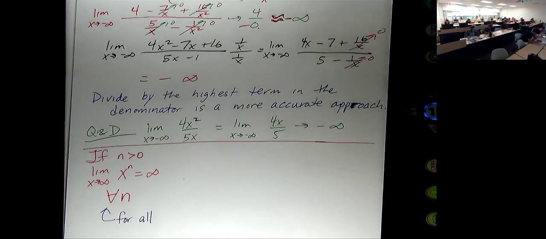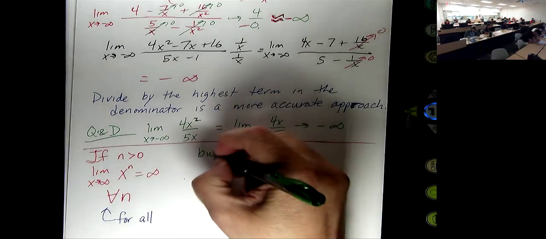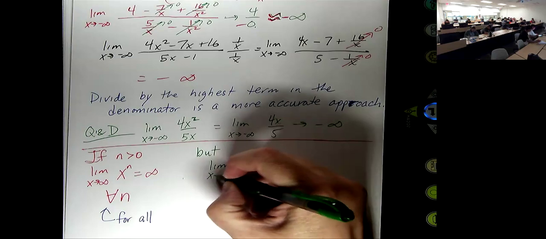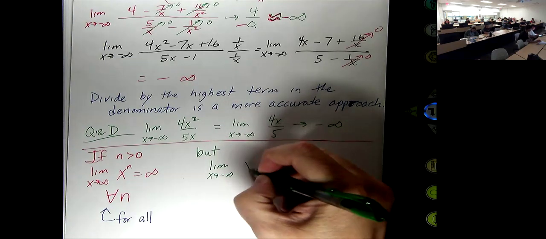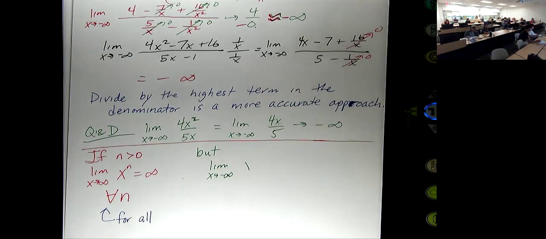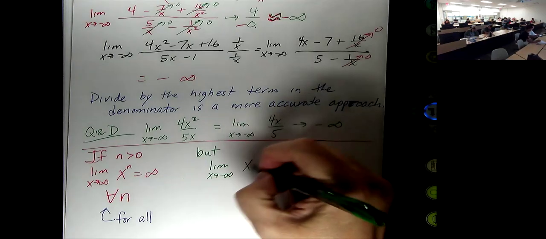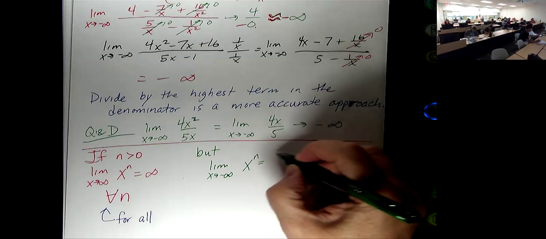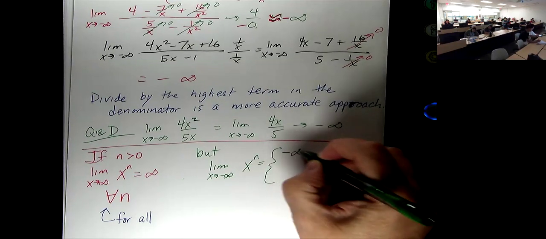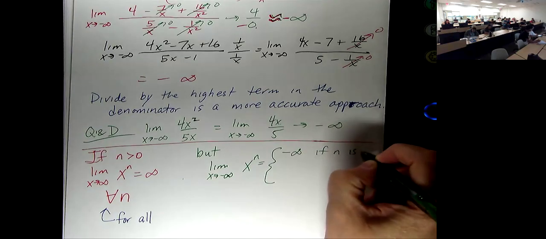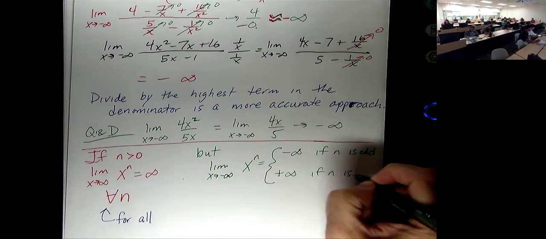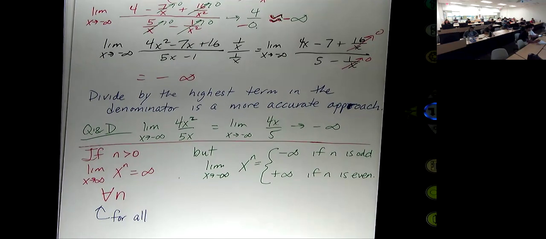But same requirements, sorry, limit as x goes to negative infinity of x to the n. This is doing two things. This is going to negative infinity if n is odd, and positive infinity if n is even, because squaring it cancels out the negative sign.